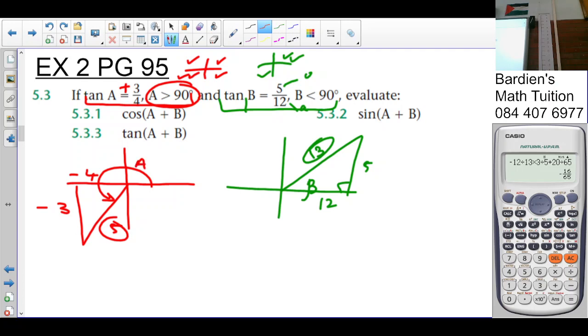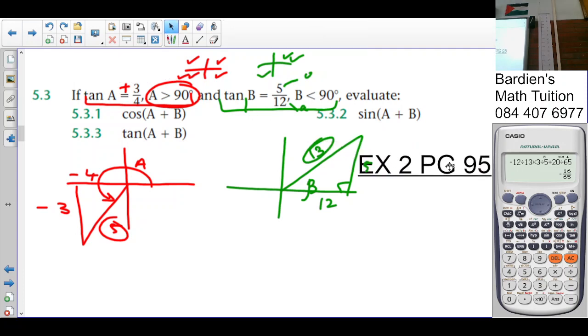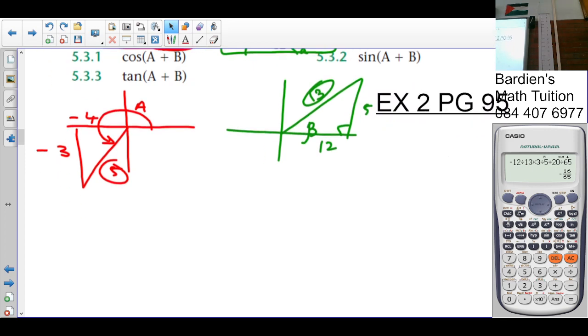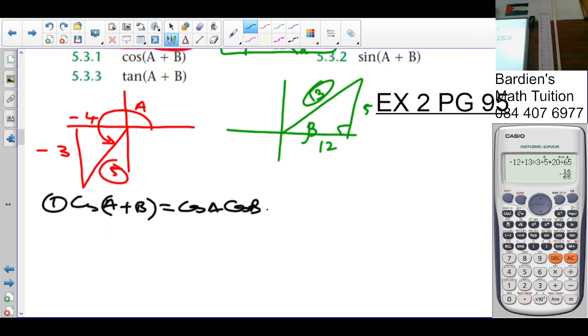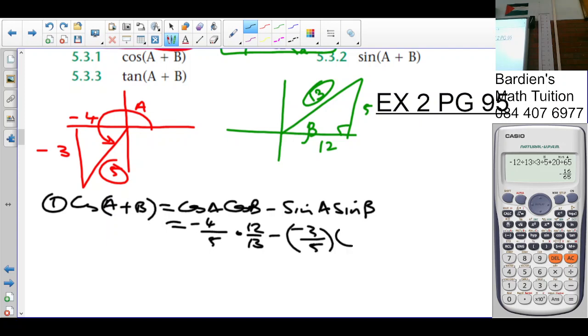It's your angle. So now the first question is, what is cos of A plus B? So that's going to be cos A cos B minus sine A sine B. So cos A is negative 4 over 5 times cos B is 12 over 13 minus sine A, which is negative 3 over 5, times sine B, which is 5 over 13.